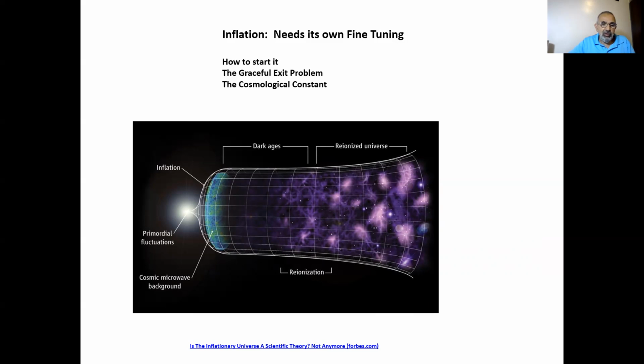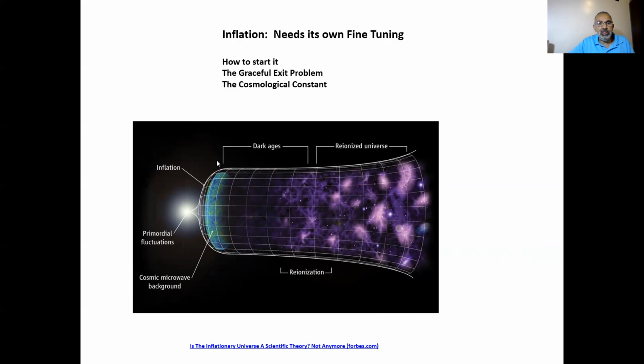And the theory of inflation, even though it is in all the textbooks on cosmology and so on, when you look at it critically, it has now begun to receive some very serious critiques, that there are very serious problems with it. Number one, why does inflation start?